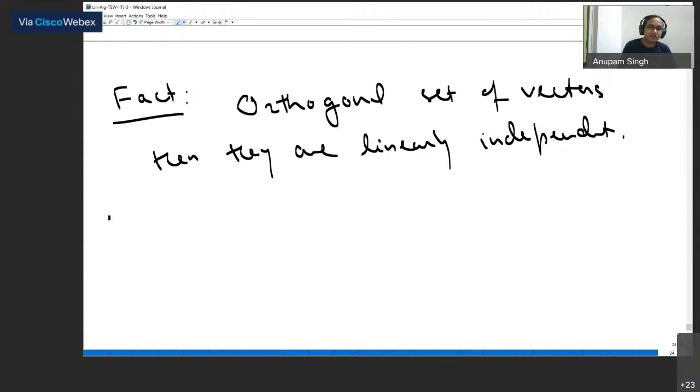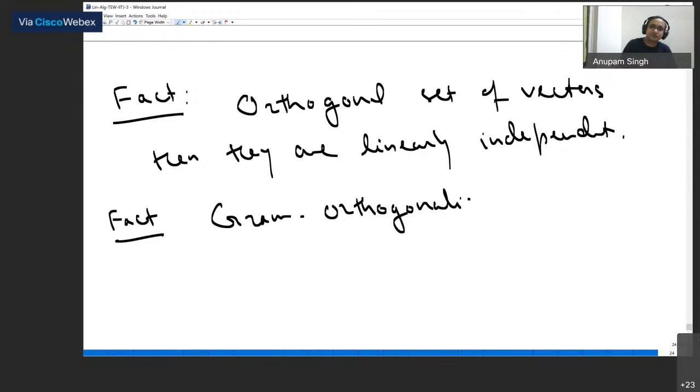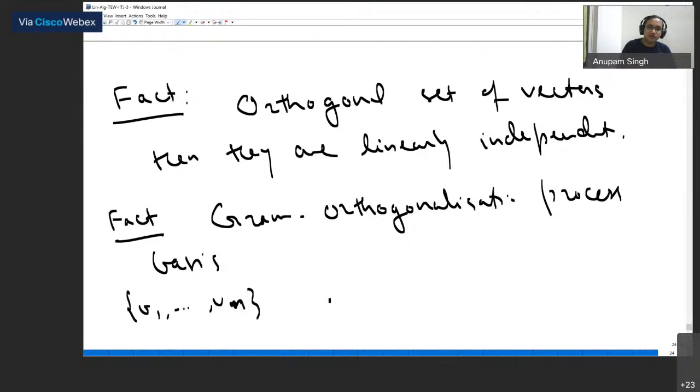The next fact was what I already stated, the Gram-Schmidt orthogonalization process. This process begins with any basis v1, v2, ..., vn, and converts it to another basis, which we can call w1, w2, ..., wn, which is orthonormal.